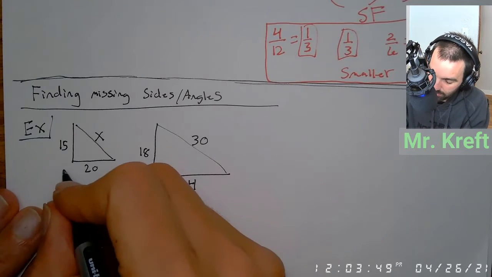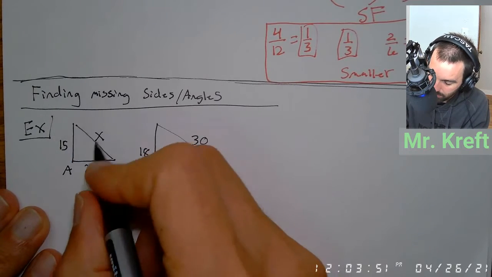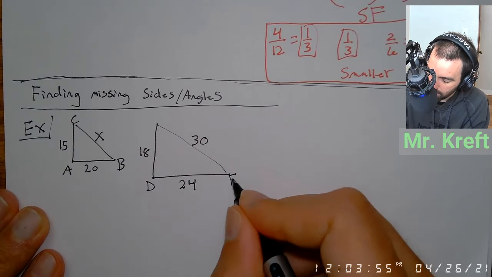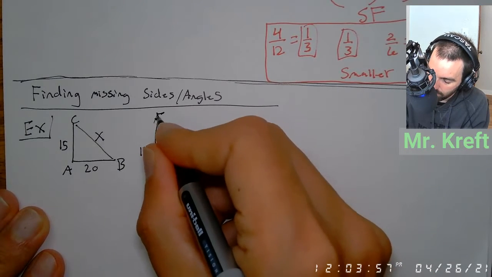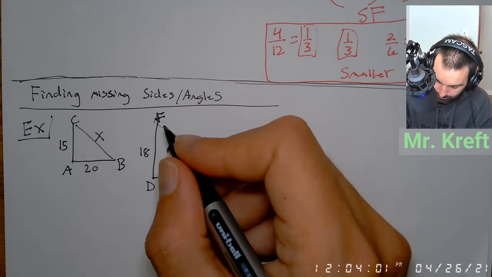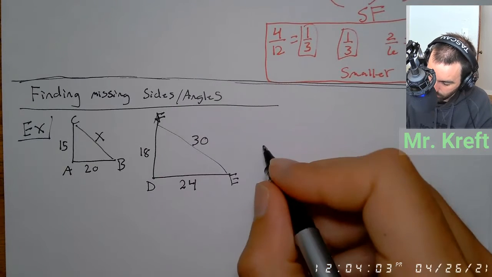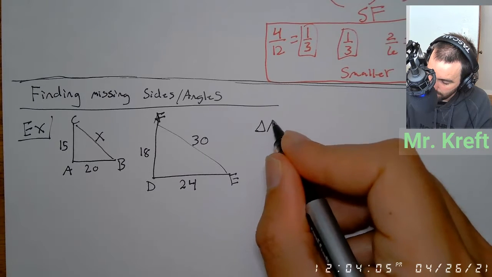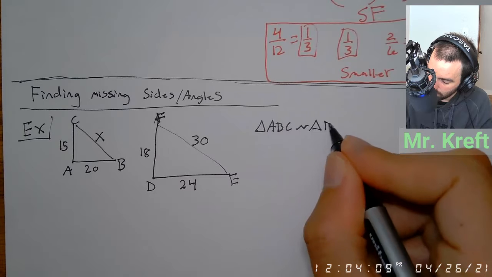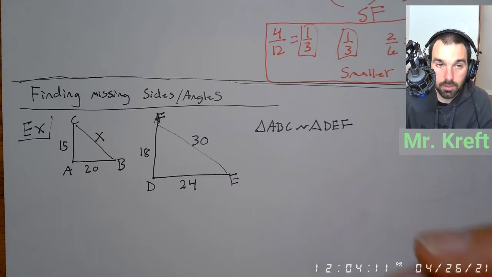So in this case, let's go A, B, C, D, E, F. So we're going to have triangle ABC is similar to triangle DEF.